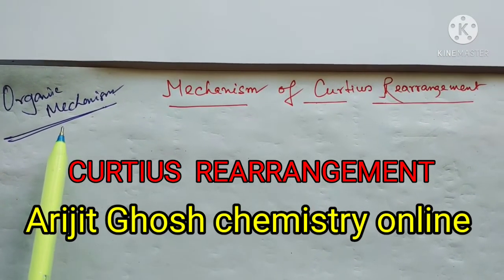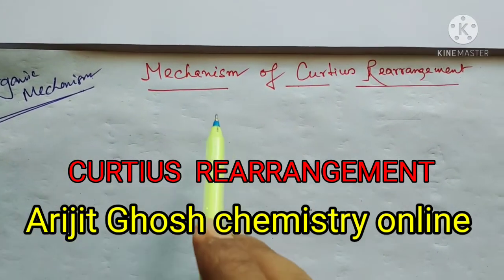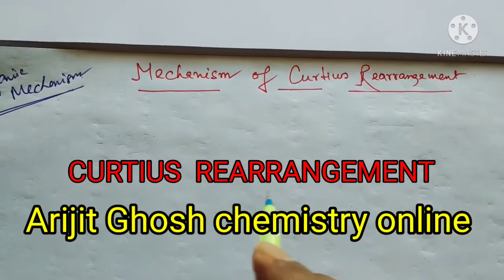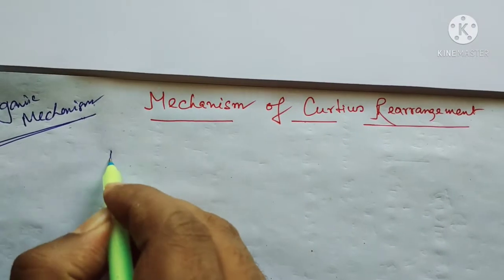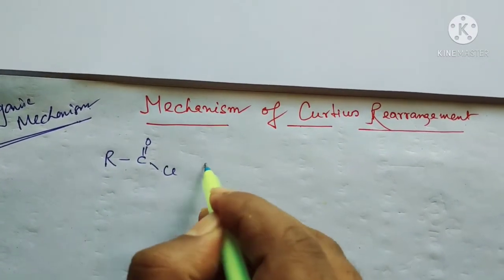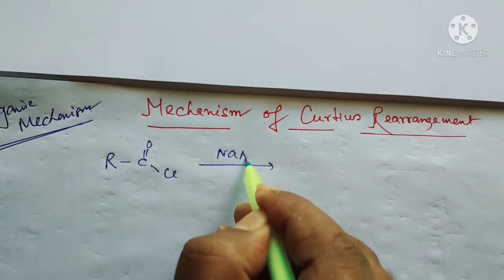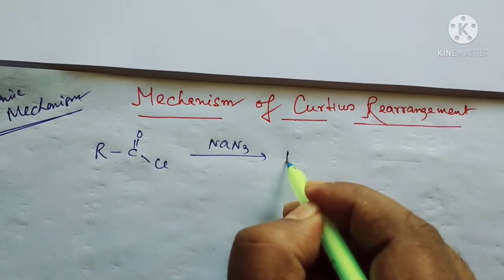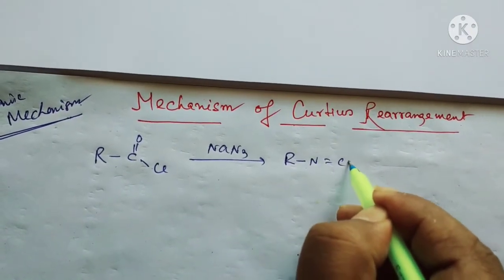Today in our organic mechanism portion, we are going to study the mechanism of Curtius rearrangement. So Curtius rearrangement, students, what happens here: the acid chlorides, in presence of some azides, convert into isocyanate, the stable isocyanate.